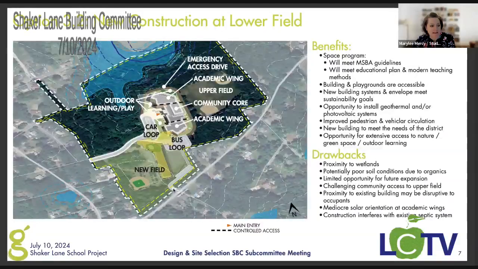We still maintain this existing connection onto the site here and this one here, and then this whole area could become parking, fill out as many parking spaces as we need, separate bus loop and car loop, and there is plenty of access to outdoor learning and play and access to the woods for those nature walks.